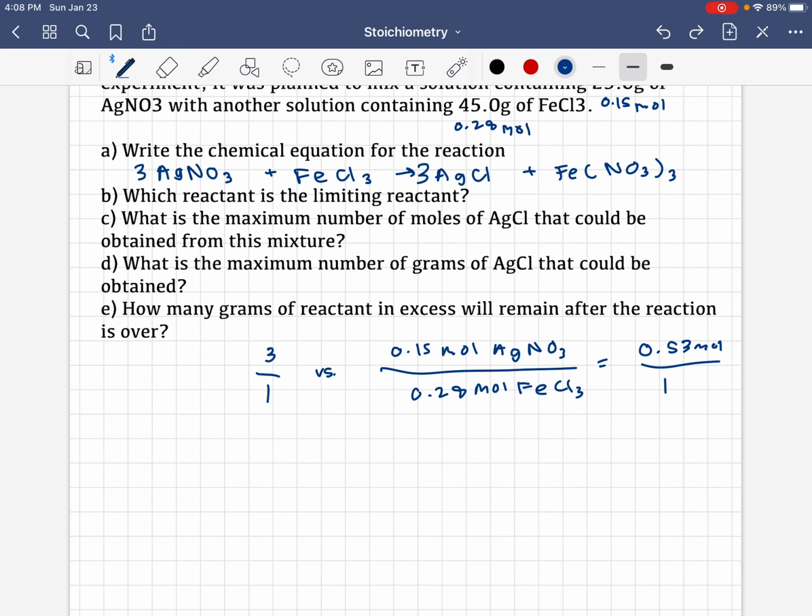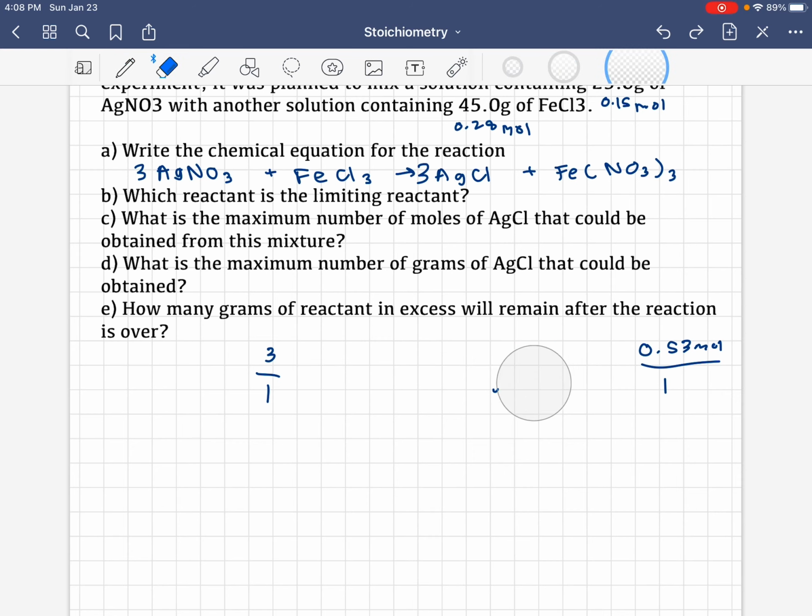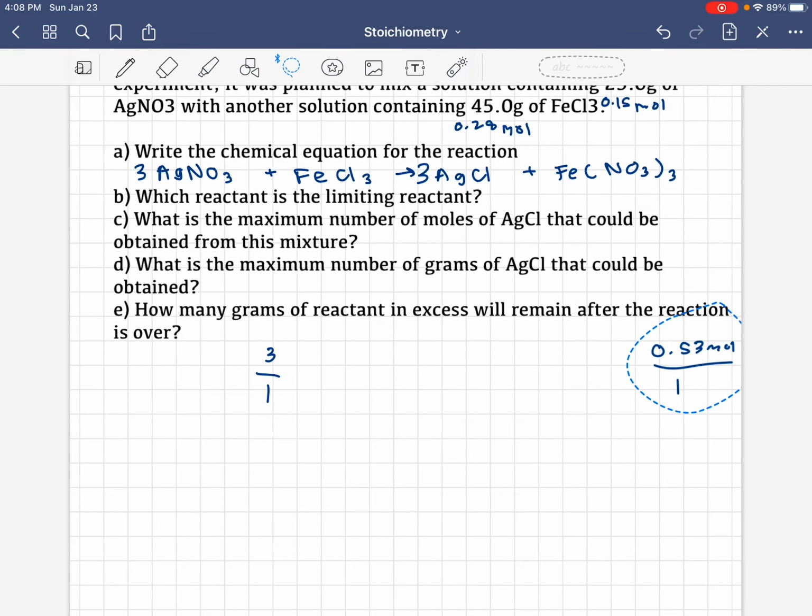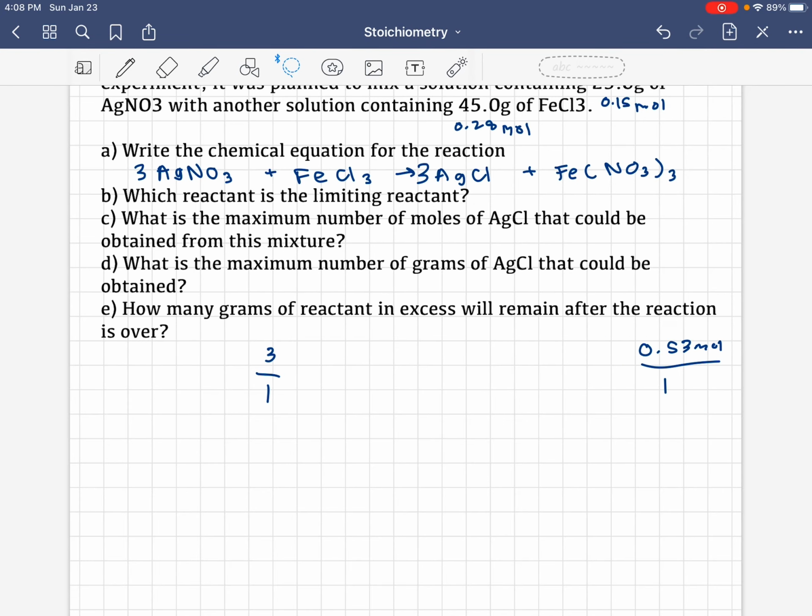So let's look at our ratio. I'm going to erase this and put this next to this. Well, you see 1, 1, and this is 3, but you don't have enough over here. You see it's only 0.53. It's less than what this reaction is showing us.